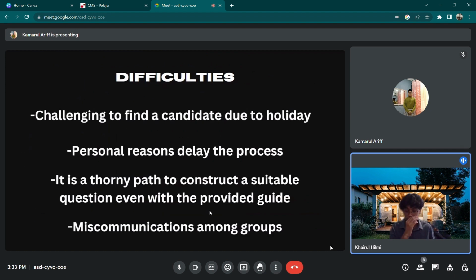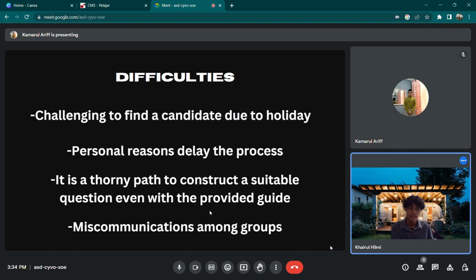So for the next part, I will elaborate on our difficulties during this session. It was quite a challenge to find a candidate, since we got the assignment during the holiday, and it was a big obstacle for us to complete this in time. For the next one, personal reasons delayed the process. Of course, during the holiday, everyone got their own plans, so this caused us to delay the process a bit.